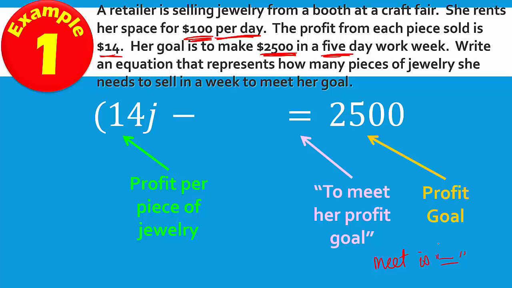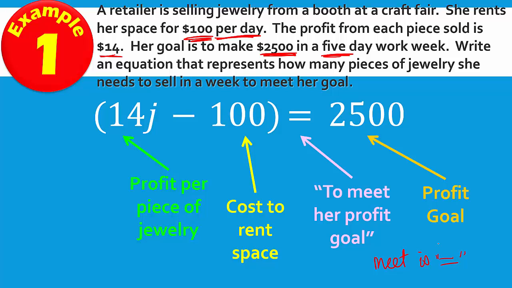She has a fixed cost of $100 per day. So since that's per day, we need to throw that 5 out in front because this was in a 5-day work week. So it's actually going to cost her $500, and this profit per piece of jewelry is going to be an average daily profit, an average number of pieces sold.